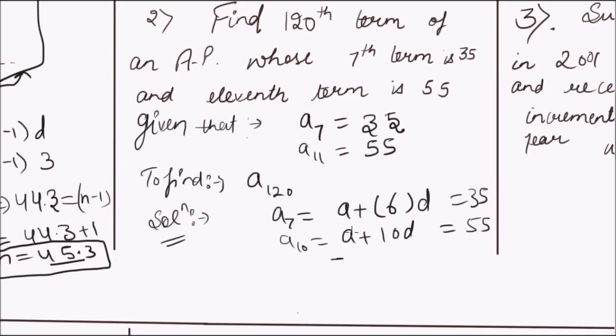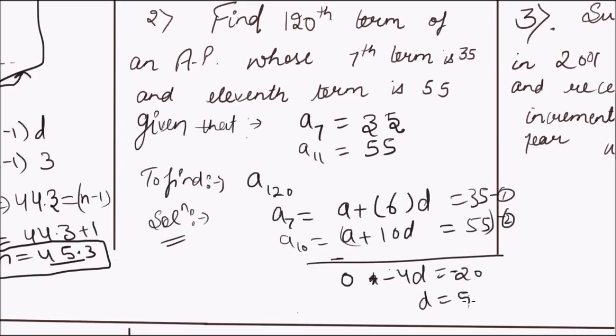Subtracting, for applying elimination method, we will get a minus a if we subtract 2 from 1 as 0, a plus 6 minus 10, that is minus 4, d equals 35 minus 55, which is negative 20. This gives us d equals 5, because negative 20 divided by negative 4 gives 5.